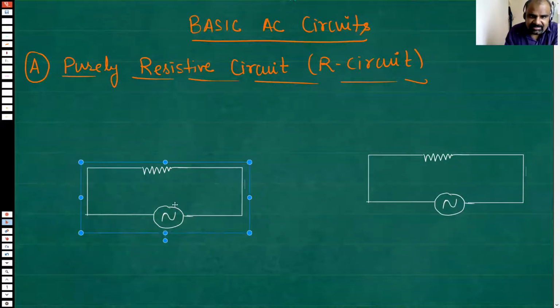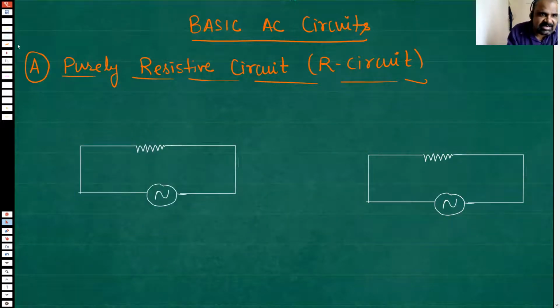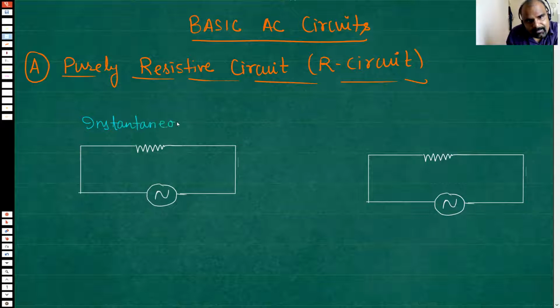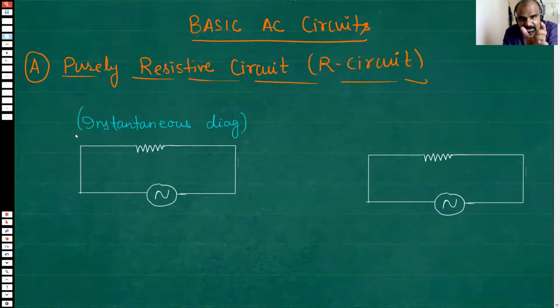One diagram like this is an instantaneous diagram. What does it mean? It means that all values shown in this diagram will be instantaneous. That means at a particular instant. While this diagram is RMS diagram.